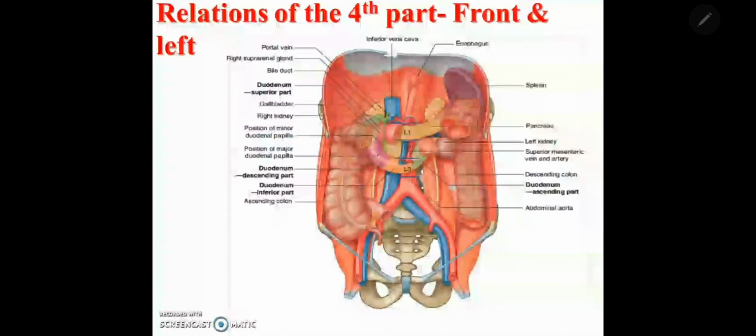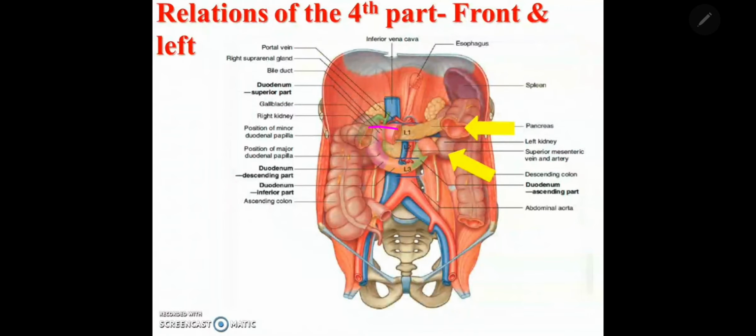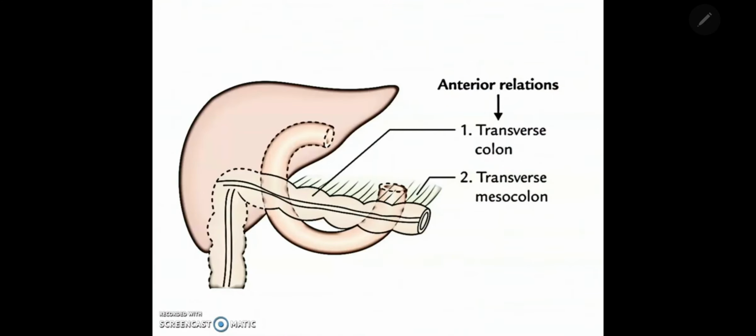Coming to the relations of the fourth part, you are noticing here anteriorly you can see the transverse colon, and on the left side you are seeing the left kidney. You can see there. So this is the part of the left kidney you are seeing. There is a left kidney, anteriorly related to the transverse colon.